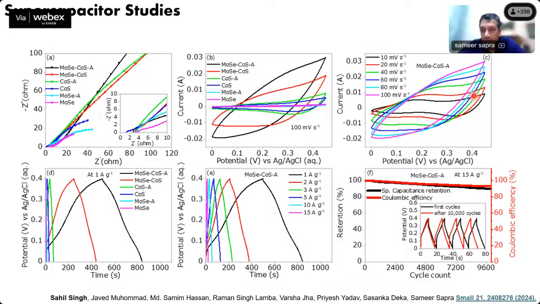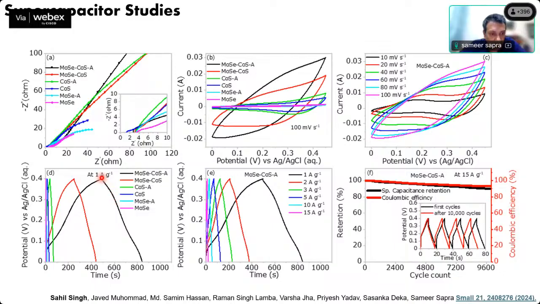So look at these squares, and these are your GCDs, the discharge curves. Galvanostatic charge discharge: you charge at 1 ampere per gram, and then slowly allow it to discharge.